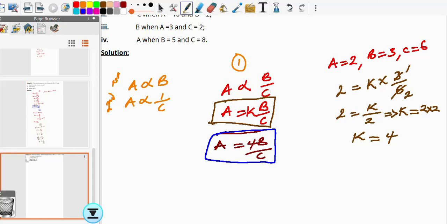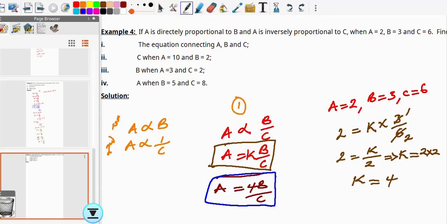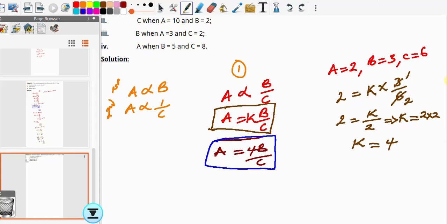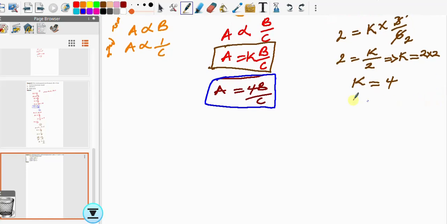Right. Now we go to Roman figure 2. Now this equation is the equation that connects A, B, and C. This very equation that we have now is the one that connects the A, B, and C. Roman figure 2, we are looking for C when A equal to 10 and B equal to 2. A equal to 10, B equal to 2, and C, that is what we are looking for.